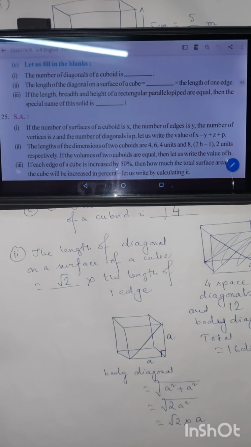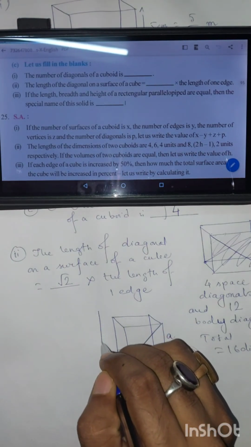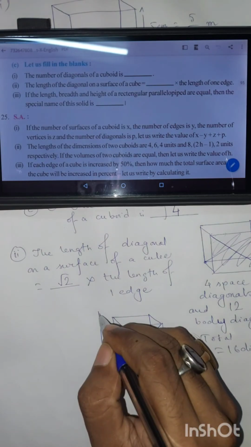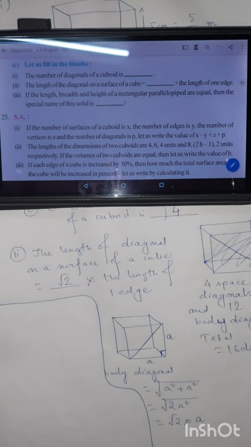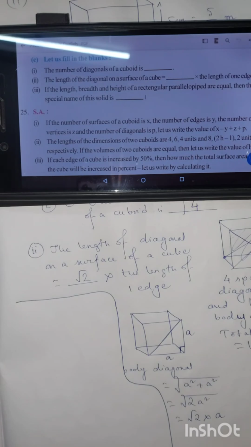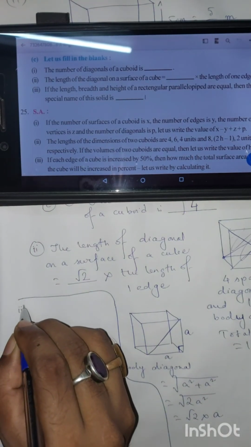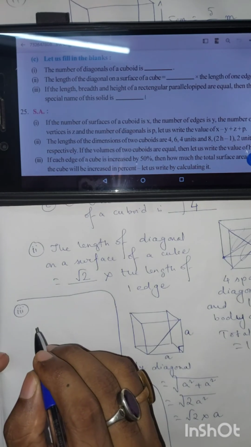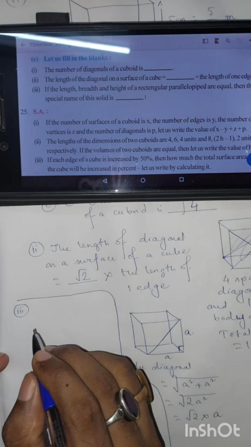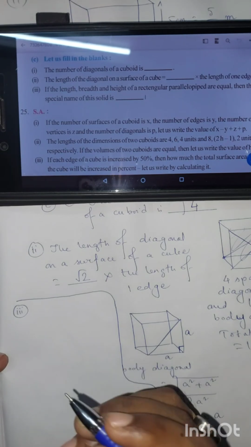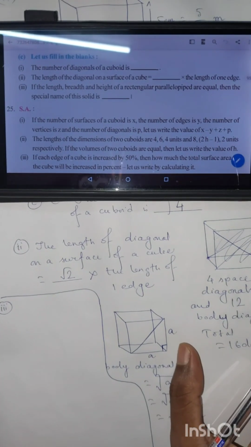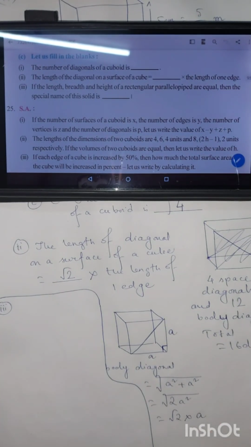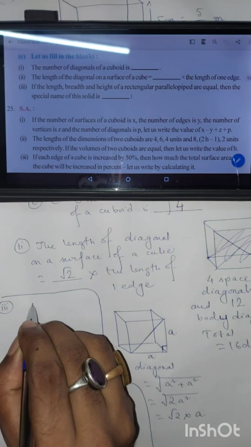Okay, now 3. If the length, breadth and height of a rectangular parallelepiped are equal, then the special name of this solid is a cube.